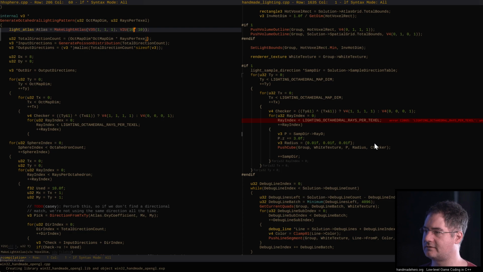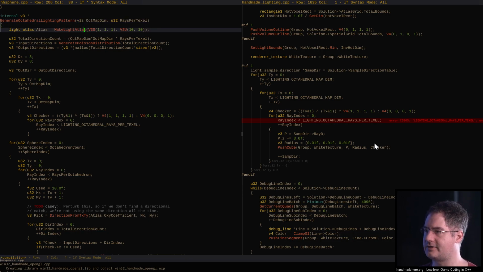This is like hard-coded. So that to me suggests that these are all totally hard-coded, it looks like, for some reason. Which doesn't make a lot of sense.